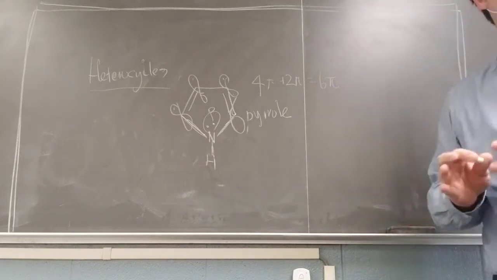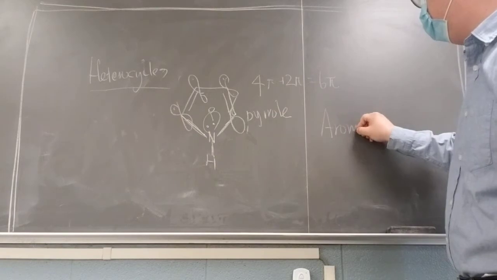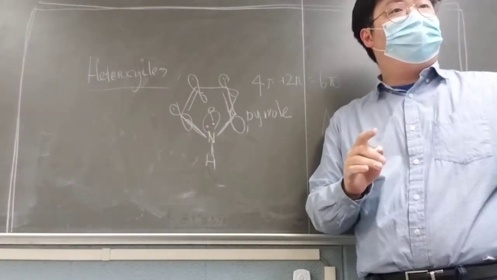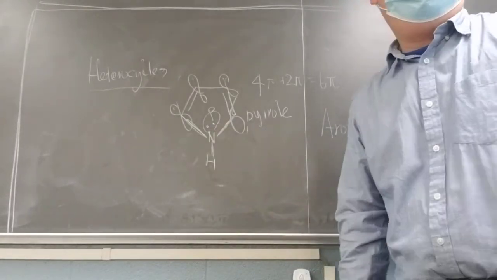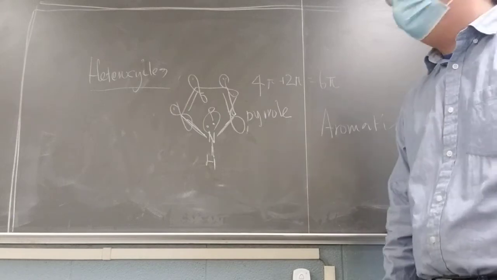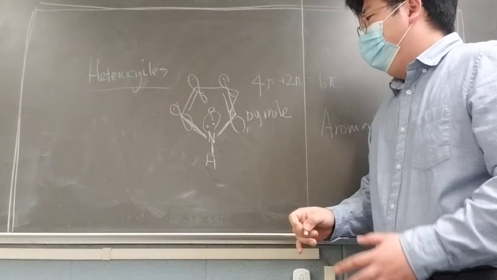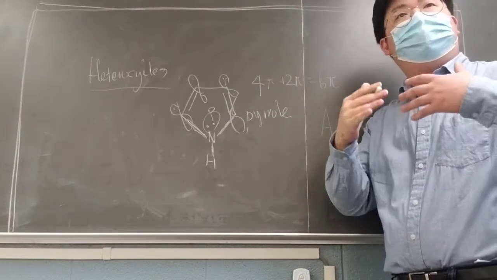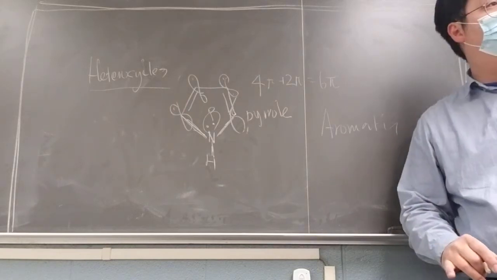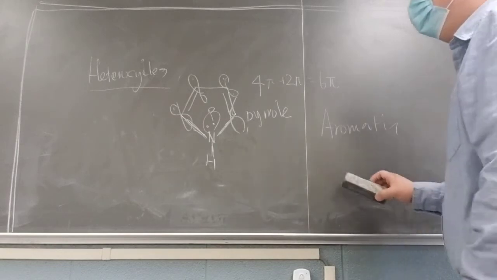So this is still aromatic too. In this case, the only difference from the other one is that we actually count the lone pair in counting the pi electrons for aromaticity, because now the bonds are all there, so the lone pair can be counted toward the number of pi electrons for checking if it has aromaticity or not. So this is also something we talked about before.